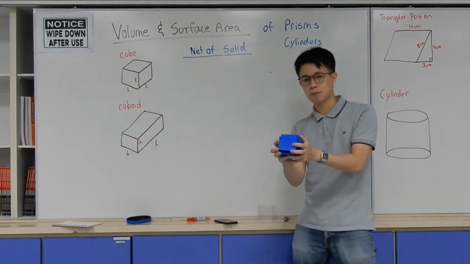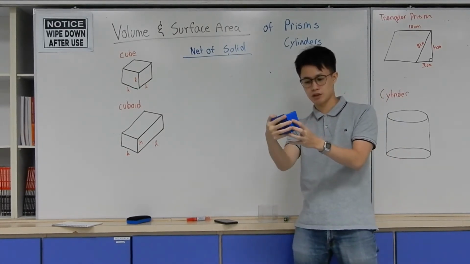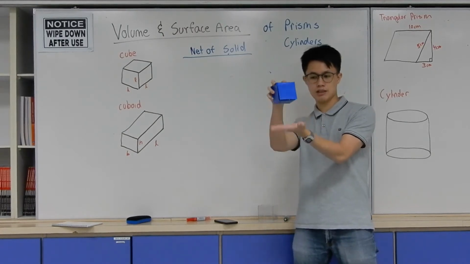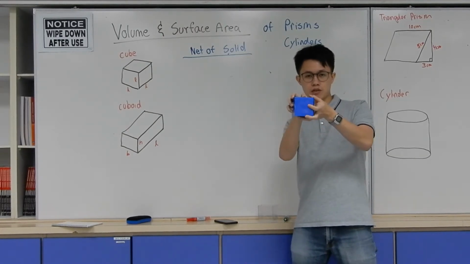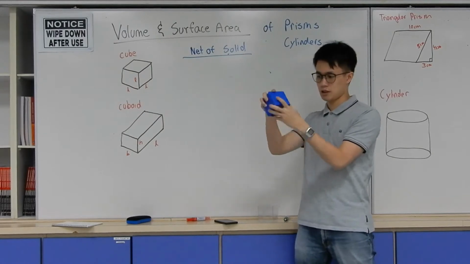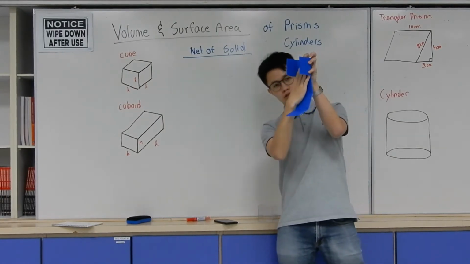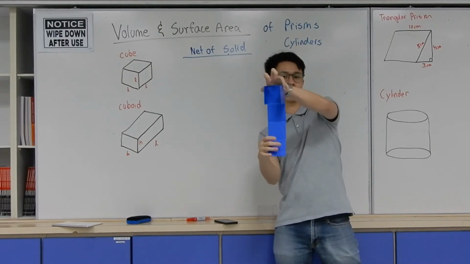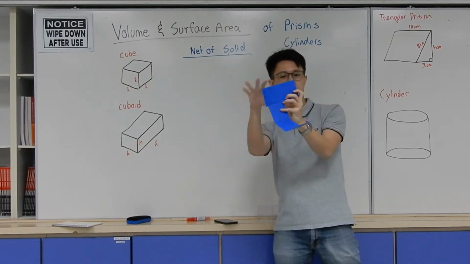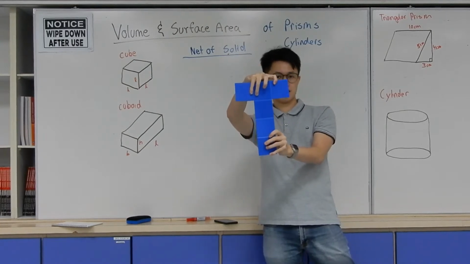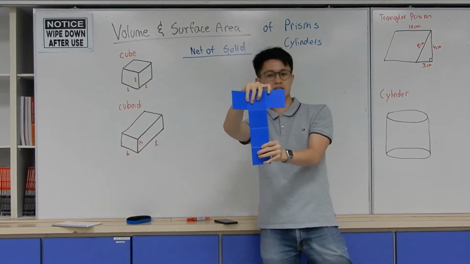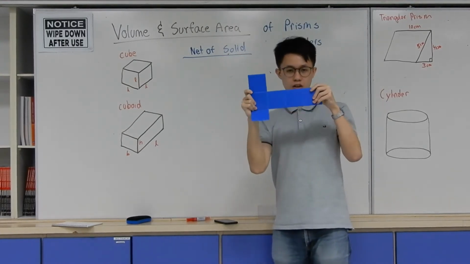When you open up the cube, for example, this is my base. If I open up the other side, I will actually have 4 different squares, correct? I have 4 squares, and then I open up the other side, and I'll have 6 squares of equal length of sides. So this is called the net.